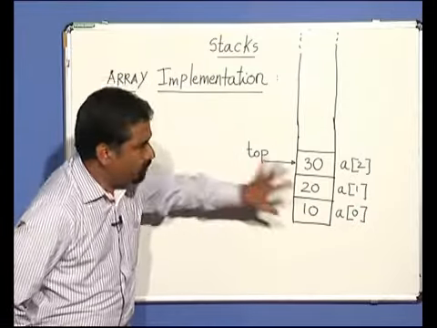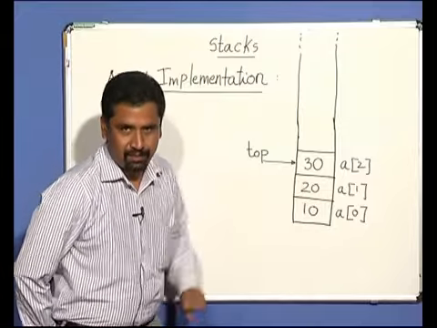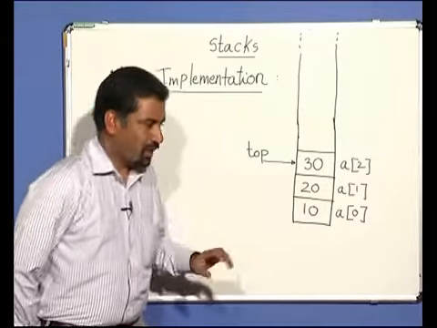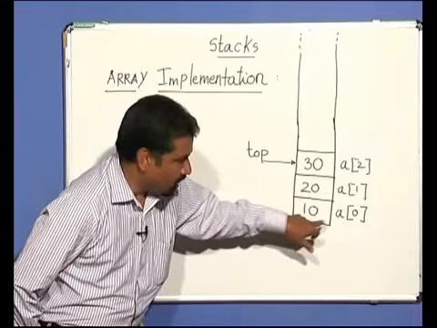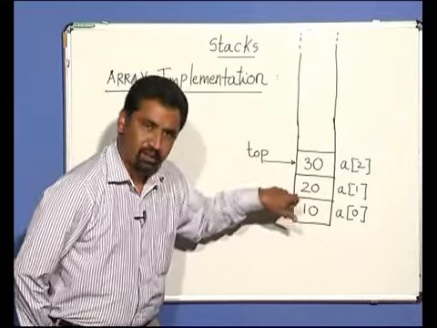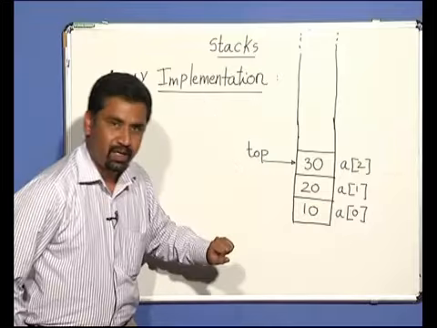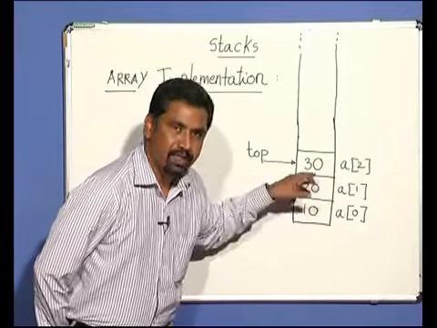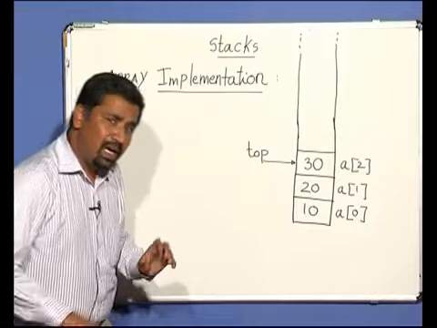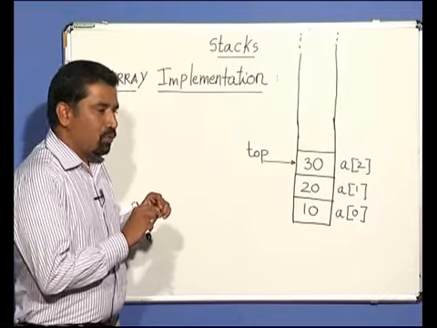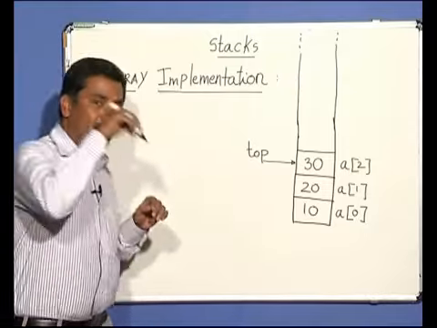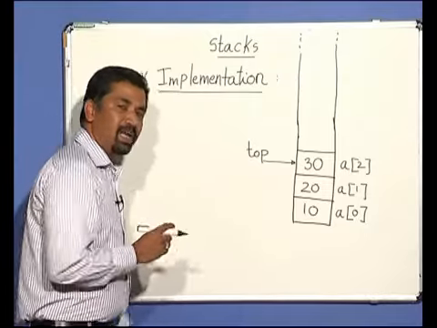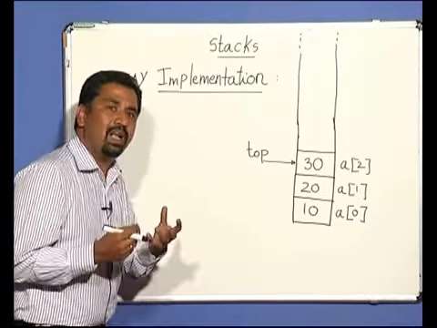So now assume that this is the current state of a stack. How many elements are there in the stack? There are 3 elements. The first one has gone into A of 0, the second one is 20, and the third one, A of 2, is the value 30. And now, in order to push values in and pop values out from the top, we maintain another variable which we call top.